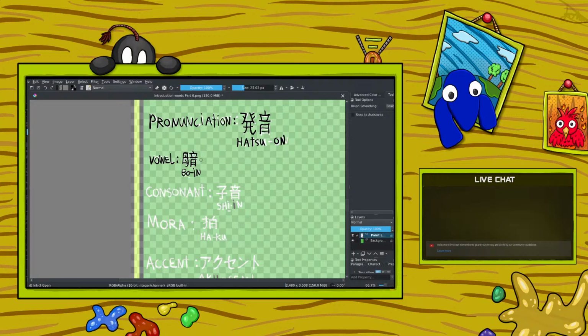Boin, a vowel, and then we have a consonant, not a constant, a consonant, which is of course a shin.